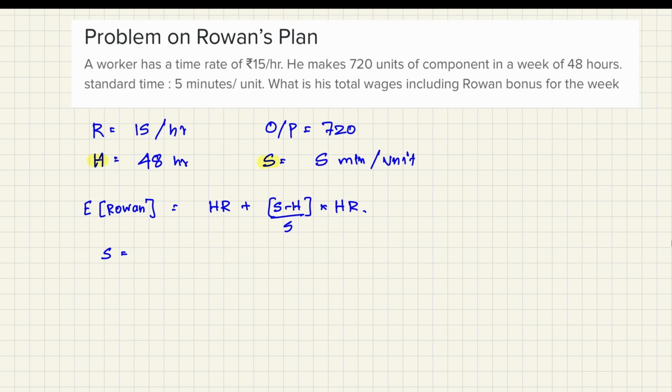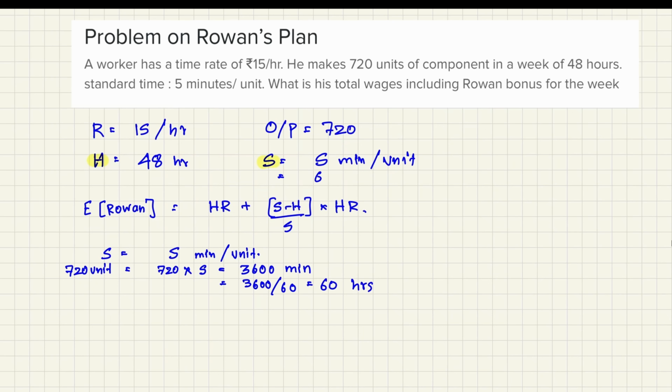Standard is 5 minutes per unit. For 720 units, how much time should it take? 720 into 5, so this is 3600 minutes. If I convert this into hours, it will be 60 hours. So the standard will be 60 hours.